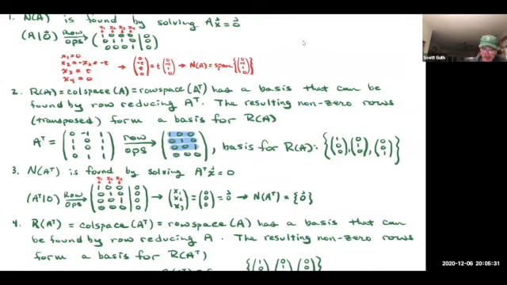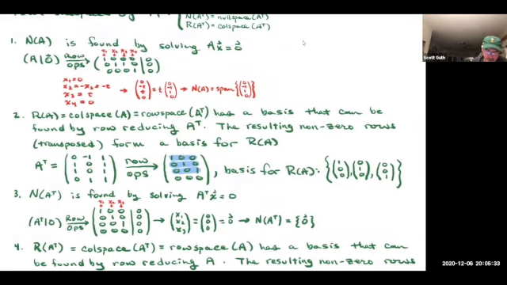The easiest way to find the range of A is, first of all, to remember that's the same thing as the column space of A. Because we don't do column operations on matrices, we do row operations, it's easiest to say that doing column operations on A is the same thing as doing row operations on A transpose.